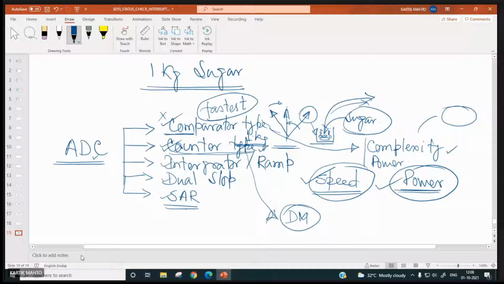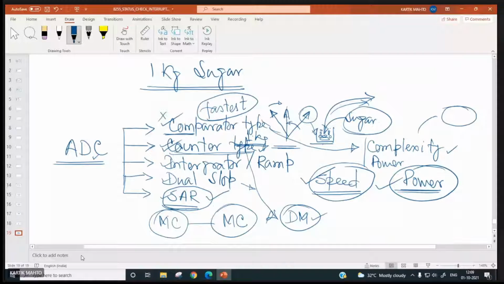Now, I'm coming to the other two types. These two types are equally used for making digital multimeters. But if your requirement is machine to machine understanding, then you must go for SAR.